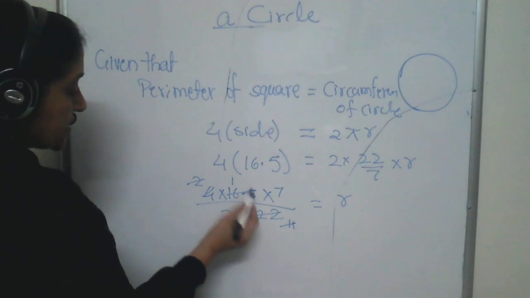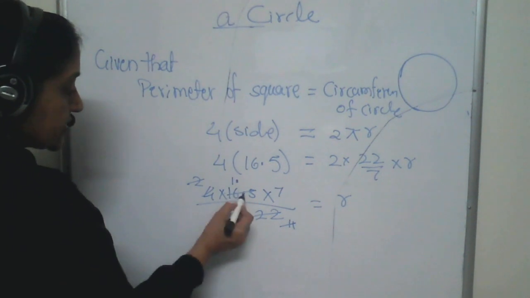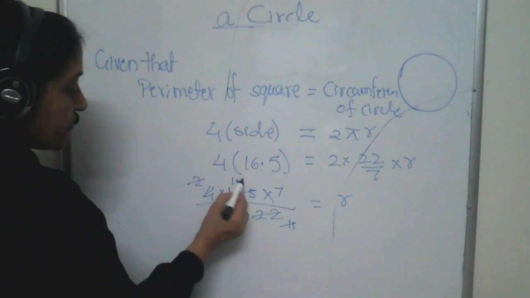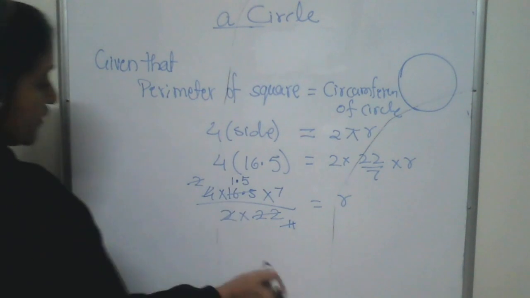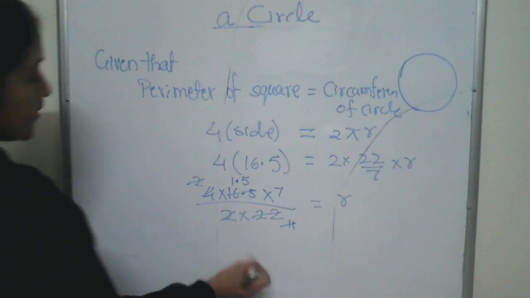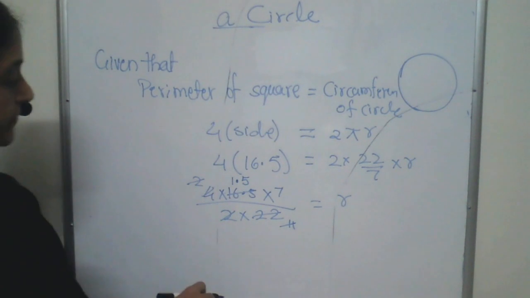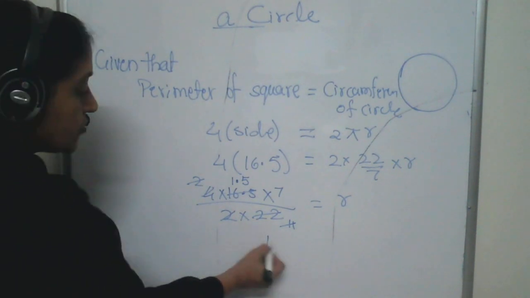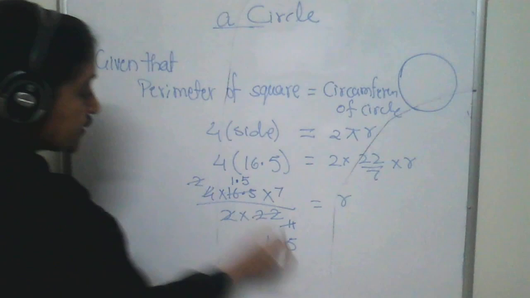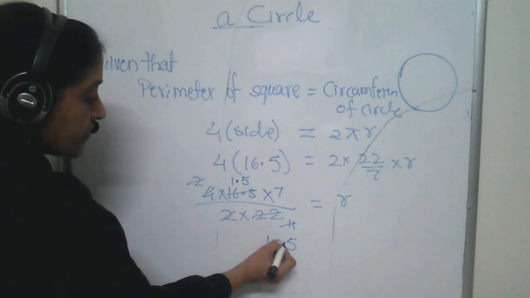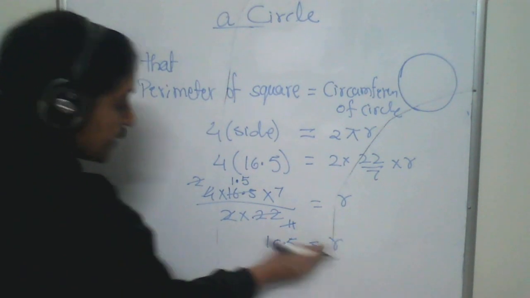Now if I have to go for the next number, I have to put a point because there is a decimal point. 5 remains, 55, 11 5s are 55. Now 15 7s, you can make out and write the answer. What answer will you get? 15 into 7 gives you 105. So 105, but there is a point here, so 10.5 will be the radius.